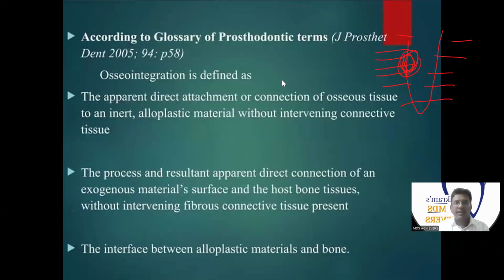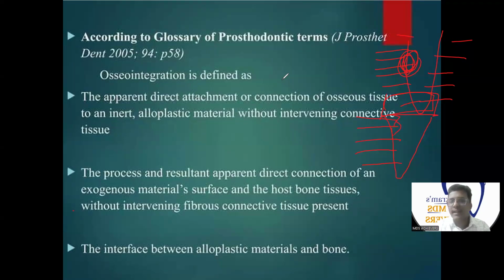Okay. Then, according to the GPT terms, osseointegration is defined as the apparent direct attachment or connection of osseous tissue to an inert alloplastic material without intervening connective tissue. The GPT terms are what you have to say in your viva and also in your exam papers, because it is the most accepted terminology and everyone relies on the GPT terms.